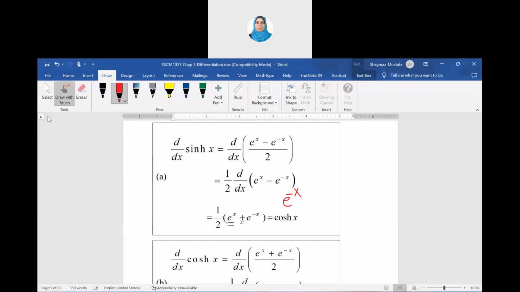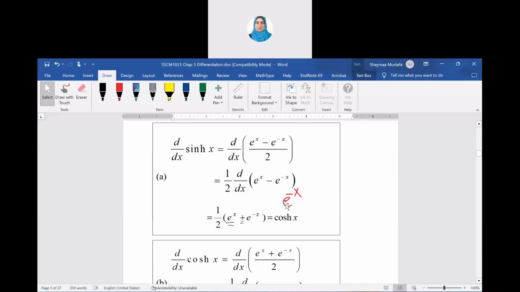But since I have minus x here, I have to multiply by the derivative of minus x, because this is like a composite function between two functions: exponential of u, where u is equal to minus x.